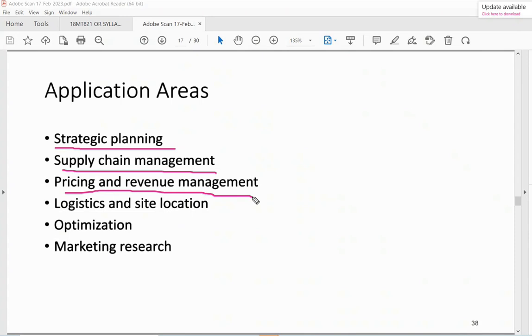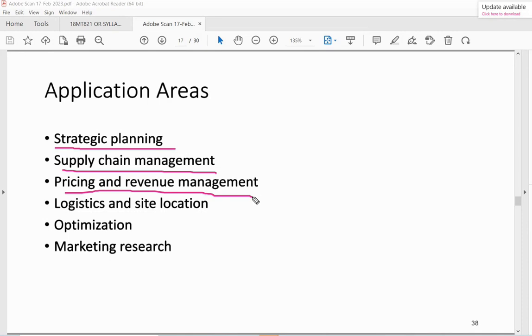If a product is to be taken out by a particular industry, we need to define the price of that product, because it requires raw material, time investment, and human resources. For them also investment is incurred. Obviously, you can expect revenue, so proper pricing and revenue management should be present.